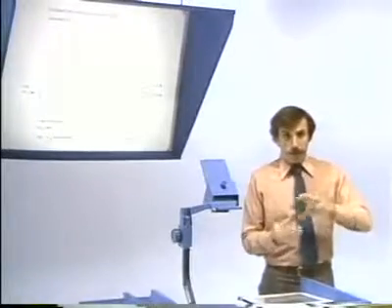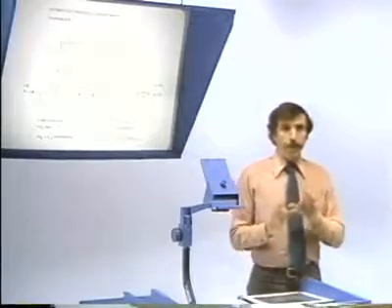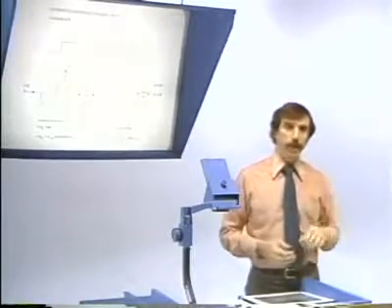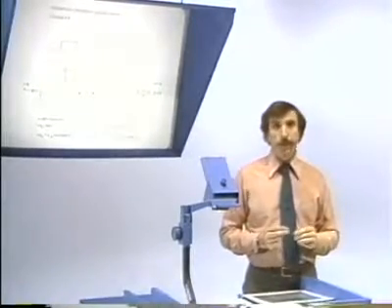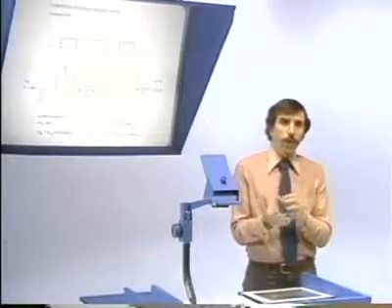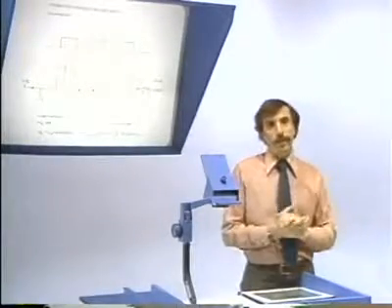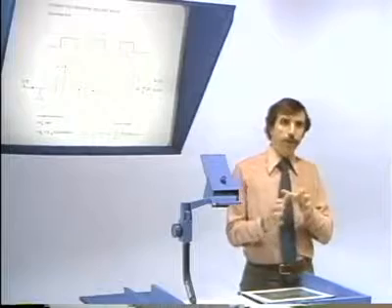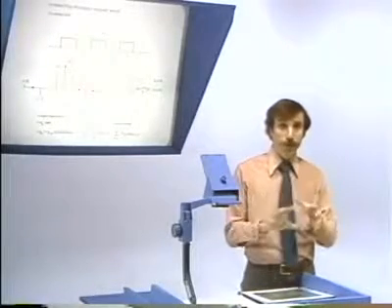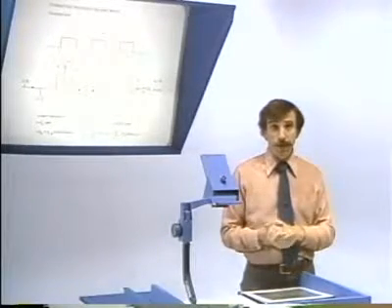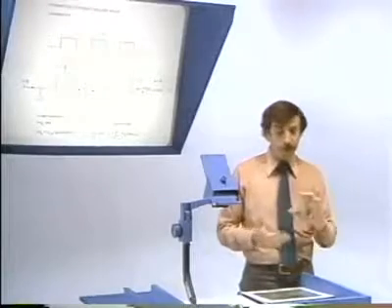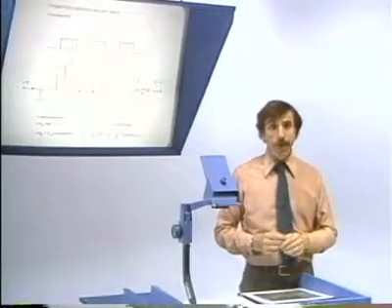Now, you'll see this in other examples, not that we'll do in the lecture, but examples in the text and in the video manual. If the square wave was neither symmetric nor antisymmetric, then the trigonometric form would involve both sines and cosines. And that is, of course, the more general case.